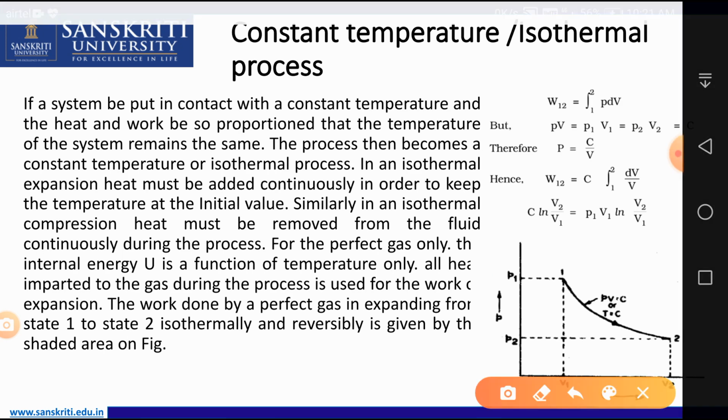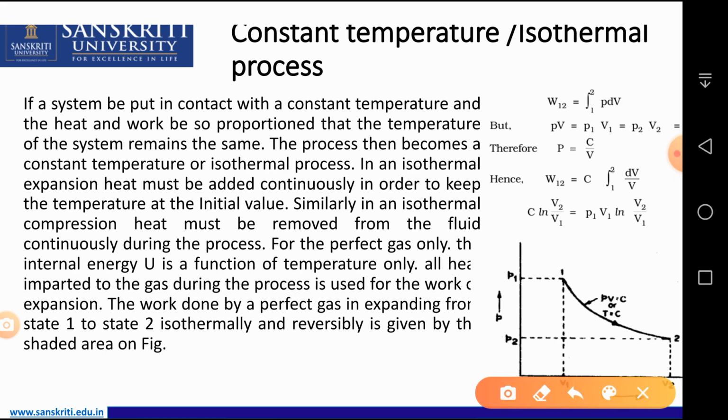Next slide, constant temperature or an isothermal process. If a system is put in contact with a constant temperature and heat and work are so proportional that the temperature of the system remains the same, the process becomes a constant temperature or isothermal process.